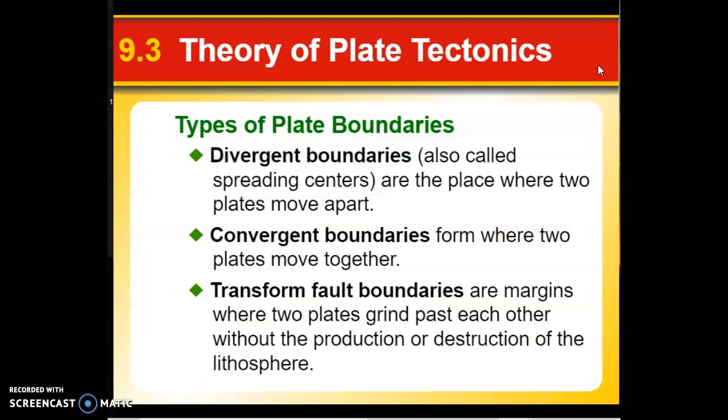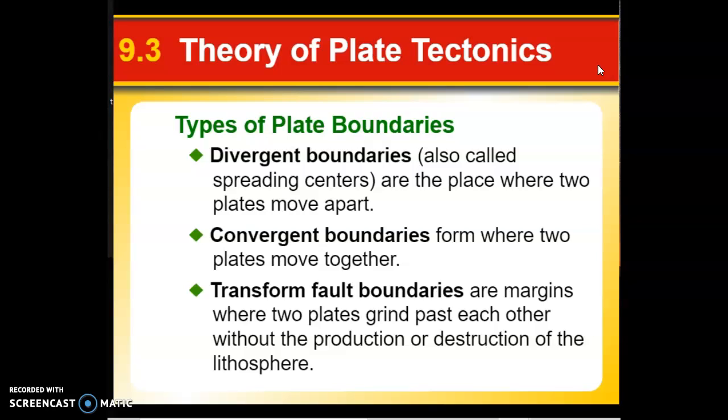Plate boundaries are the edges where two plates meet. Most geologic activities, including volcanoes, earthquakes, and mountain building, take place at plate boundaries. How can two plates move relative to each other? There are several ways. A divergent plate boundary, also called a spreading center, is when two plates are moving away from one another.